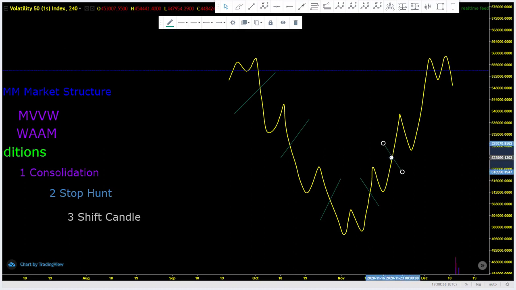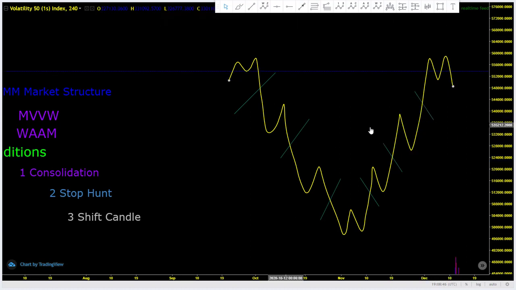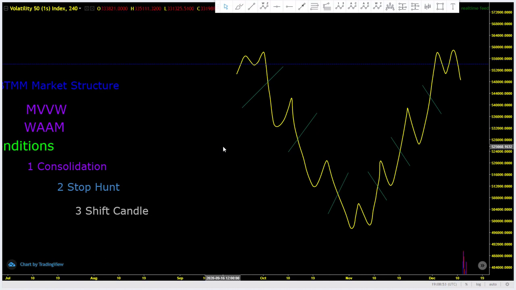We have level 2 there, and we have level 3 as we go up. So this is the market structure in accordance with the market maker strategy, with the BTMM strategy.